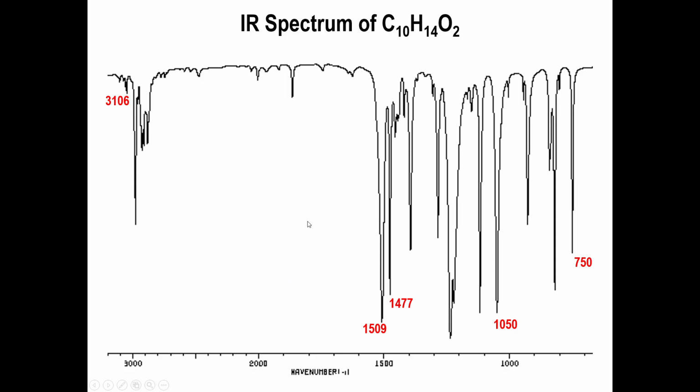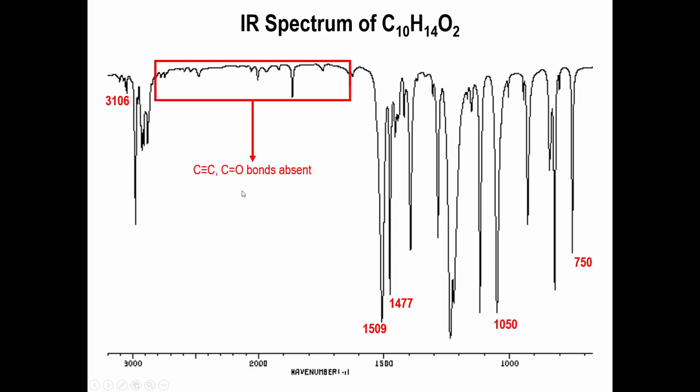When you look at the spectrum, if it is a benzene ring you probably will have peaks between 1600 and 1400, which are correlated to the carbon-carbon bonds of the benzene ring, specifically the stretchings. So that's something you might notice in the infrared spectrum.